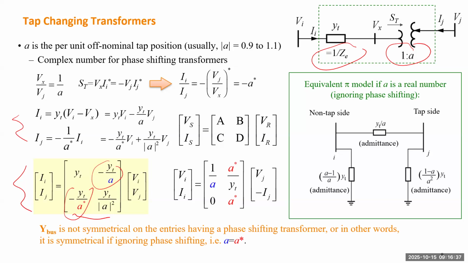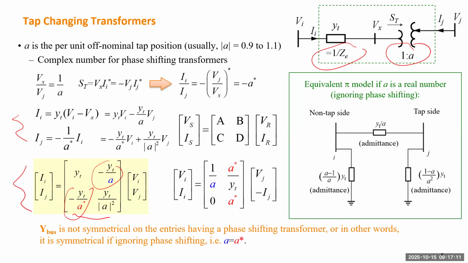If the transformer is only a tap changing transformer, not changing the phase of the voltage, A will be a real number. But if the transformer can also do phase shifting, A will be a complex number, with magnitude around 1 and a little angle, depending on how much phase shifting the transformer can do, maybe 10 or 15 degrees. So A is not equal to A star.